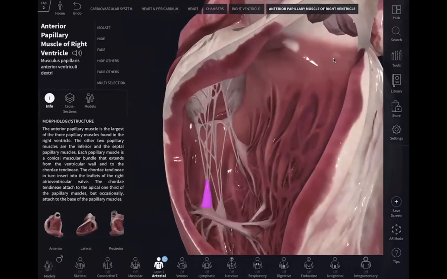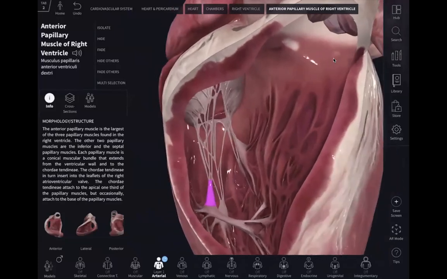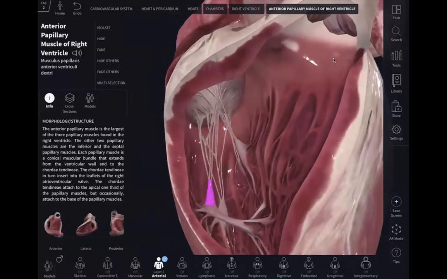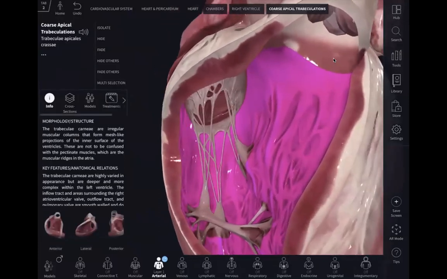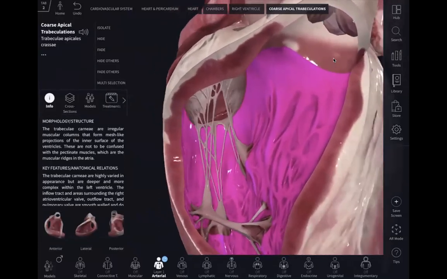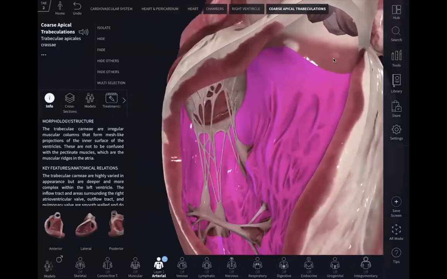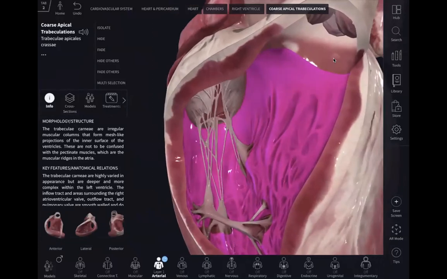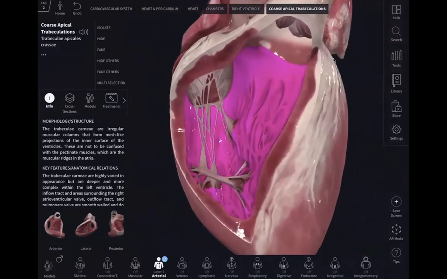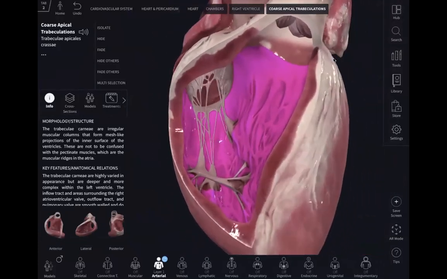On the right aspect, we have the tricuspid valve, the chordae tendineae, and the papillary muscle. Also, inside the right ventricle, on the walls, you can see the trabeculae as well. Okay, but this has not been asked before.